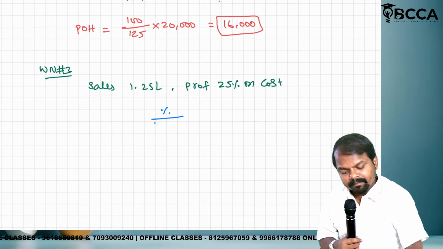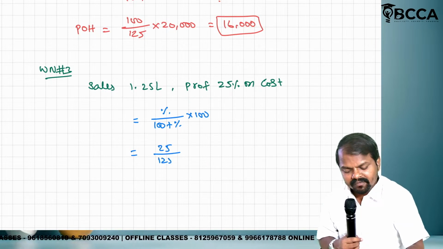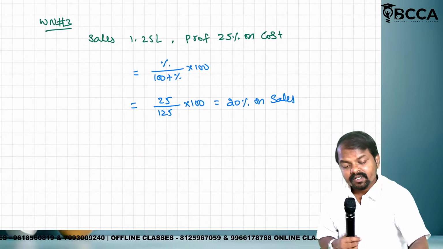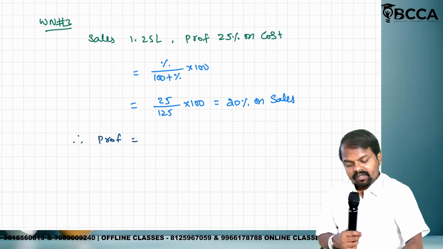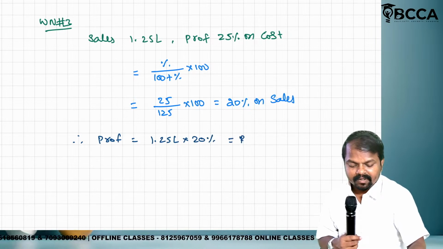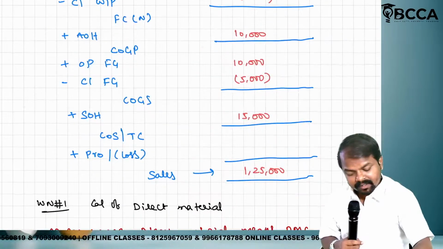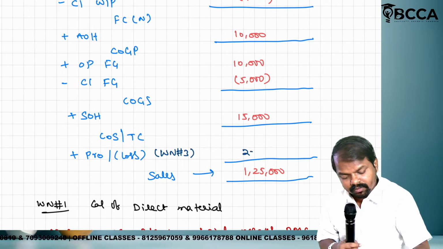Percentage divided by 100 plus percentage into 100, that is 25 divided by 125 into 100, equal to 20% on sales. Therefore profit is 1,25,000 into 20%, which is 25,000. So we will submit here working note number 3, profit is equal to 25,000.